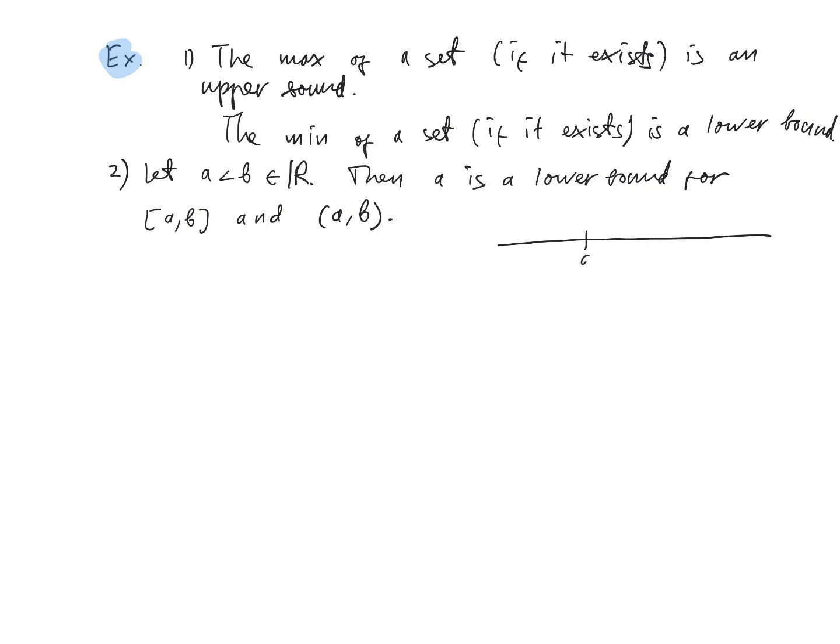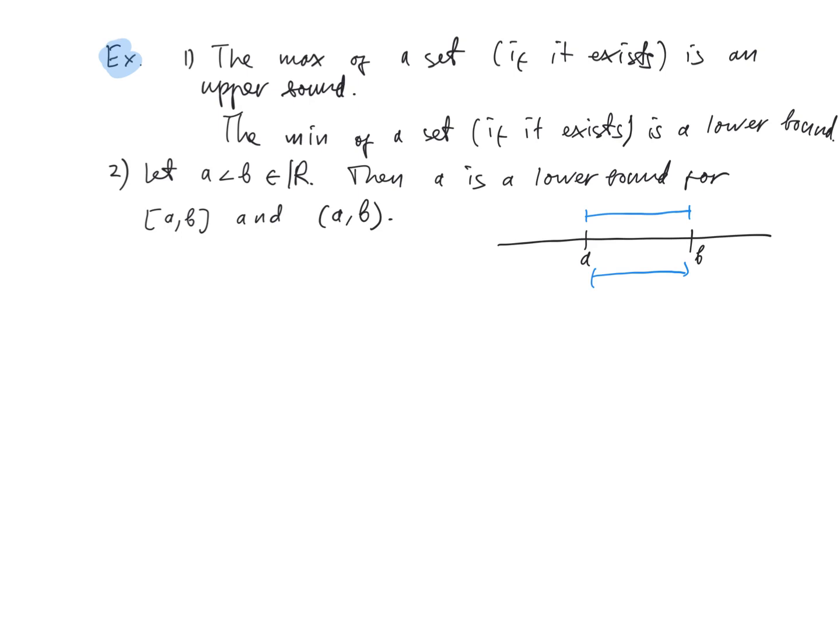So we have a and b, and we can consider both the closed interval ab and the open interval between a and b. Now it's clear that the number b is above every element of either of these two intervals, and a is below, in the sense of being less or equal than any number in either of these two intervals.